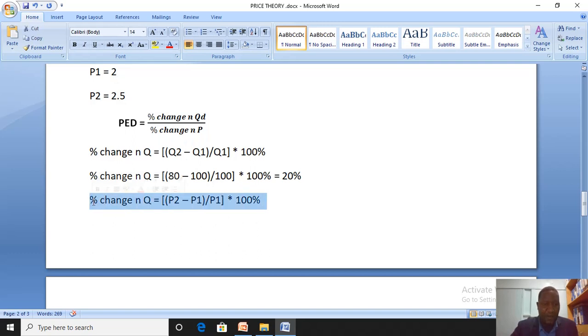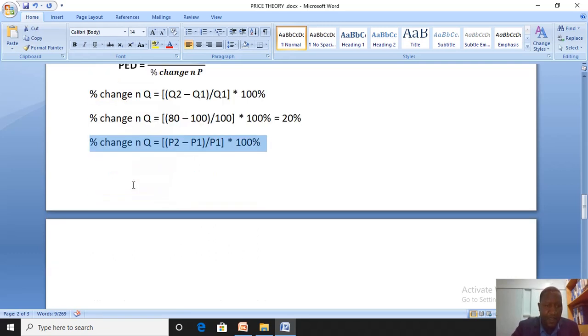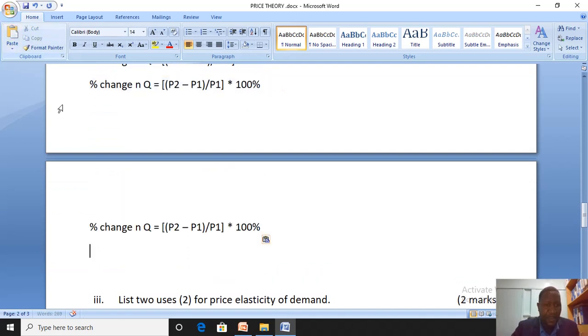So we'll say 2.5 minus 2 divided by price 1, 2, multiplied by 100%. This should give us about 25%.